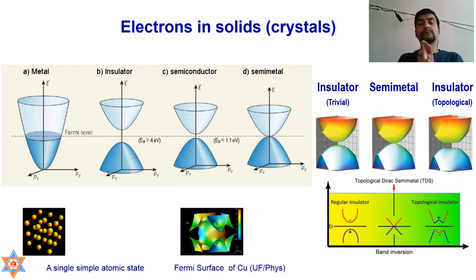And that too, only for an elemental case. If it is the case of what we call a compound, then usually, if the band gap size is of the order of 0.1 or above, the convention they use in the general case is an insulator, despite the fact that the gap size is very, very small.